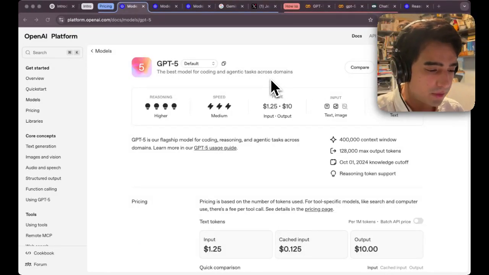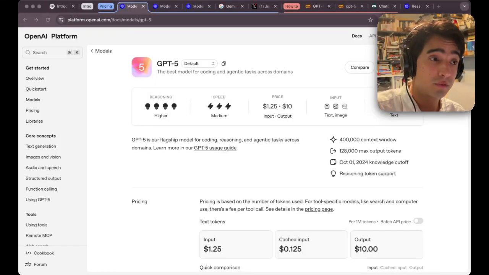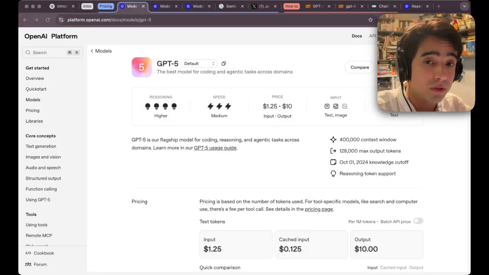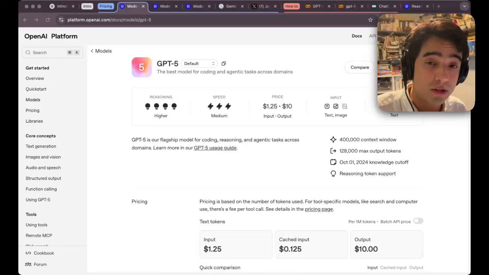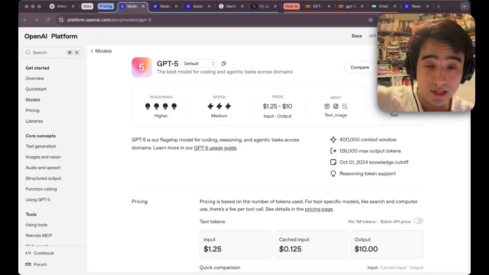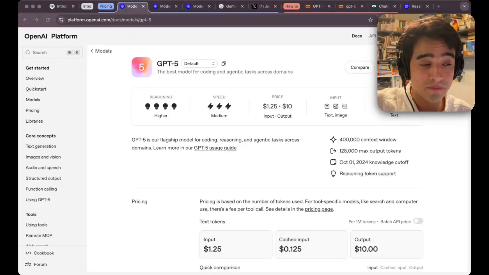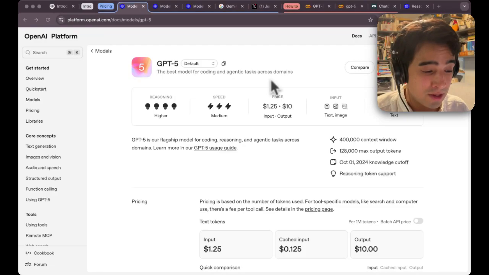All right, so let's talk a little bit about the pricing right here. And on paper, actually, GPT-5 seems to be extremely affordable. As we mentioned before, probably the reason for this is that they are capable of routing simple queries to very affordable models, so they can lower the cost for everyone while keeping the power users at a pretty okay cost.